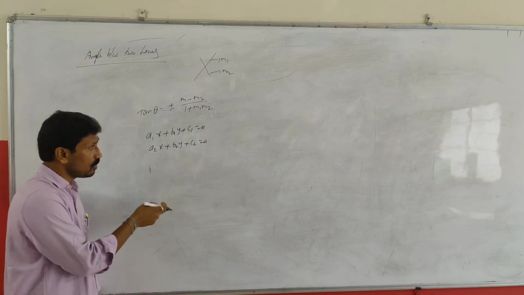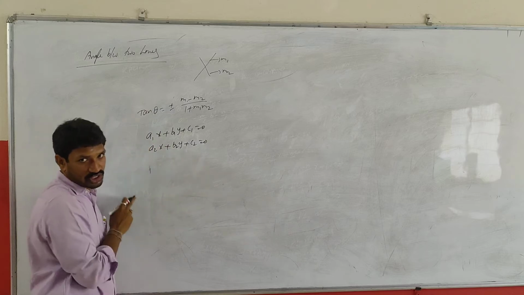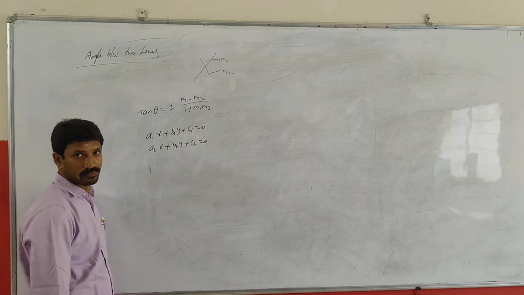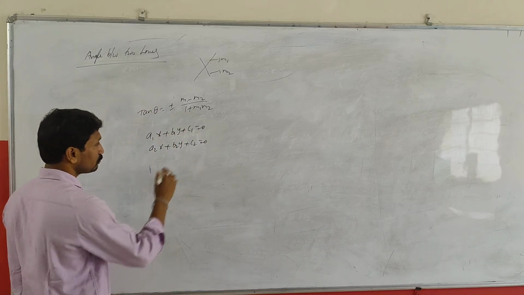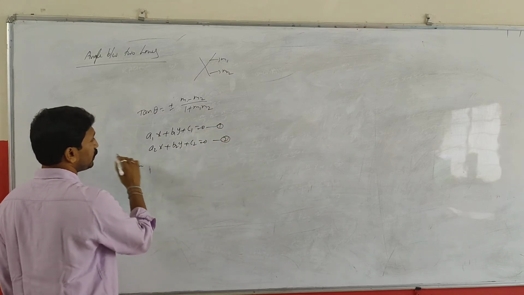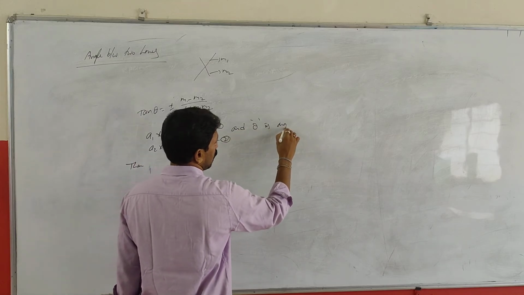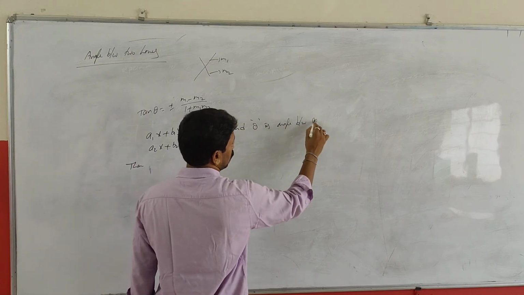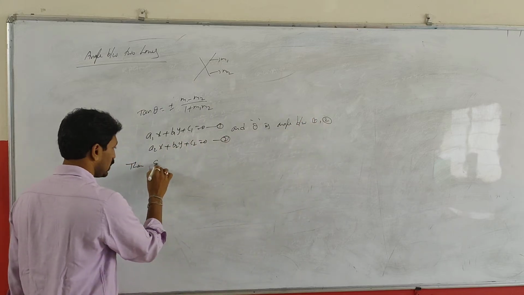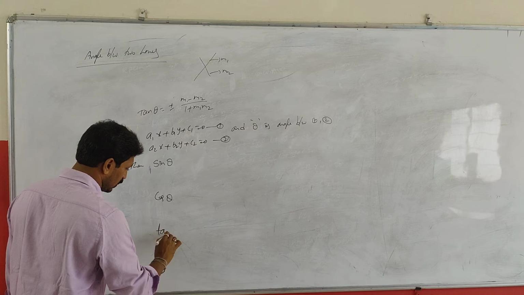if you want the formula in terms of the coefficients, since this one is in terms of slopes. So this is the first equation, second equation, and theta is the angle between 1 and 2. Then you can find sin theta, cos theta, tan theta.